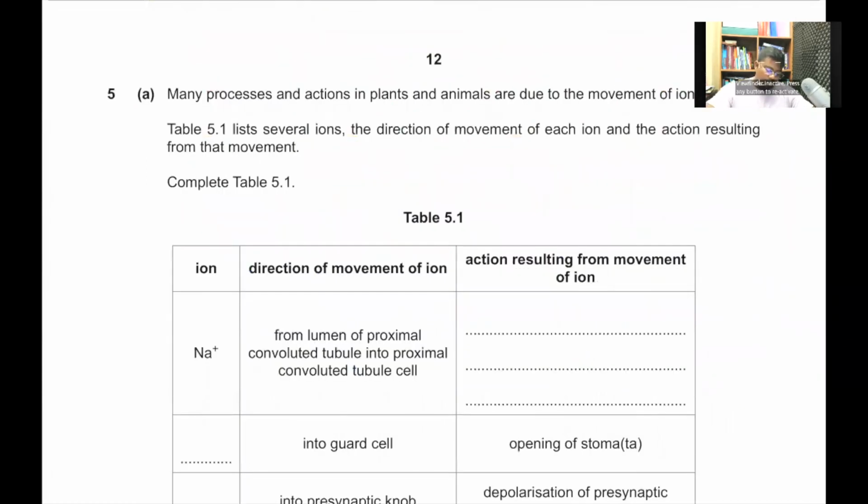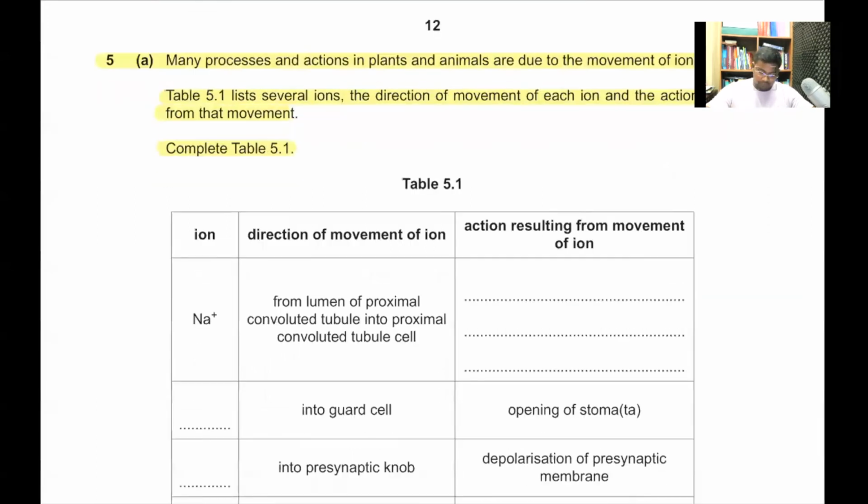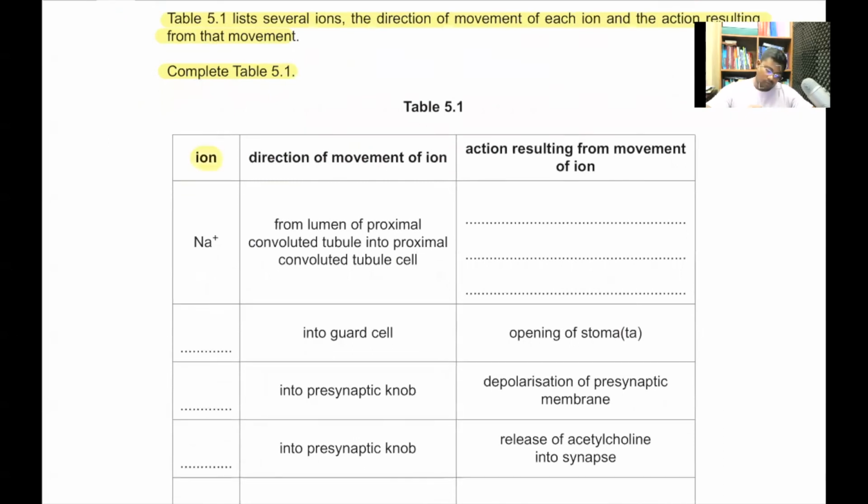Question 5. Many processes and actions in plants and animals are due to the movement of ions. Table 5.1 lists several ions, the direction of movement of each ion, and the action resulting from that movement. Complete table 5.1. Ion: sodium, direction of movement of ion: from lumen of proximal convoluted tubule into proximal convoluted tubule cell.